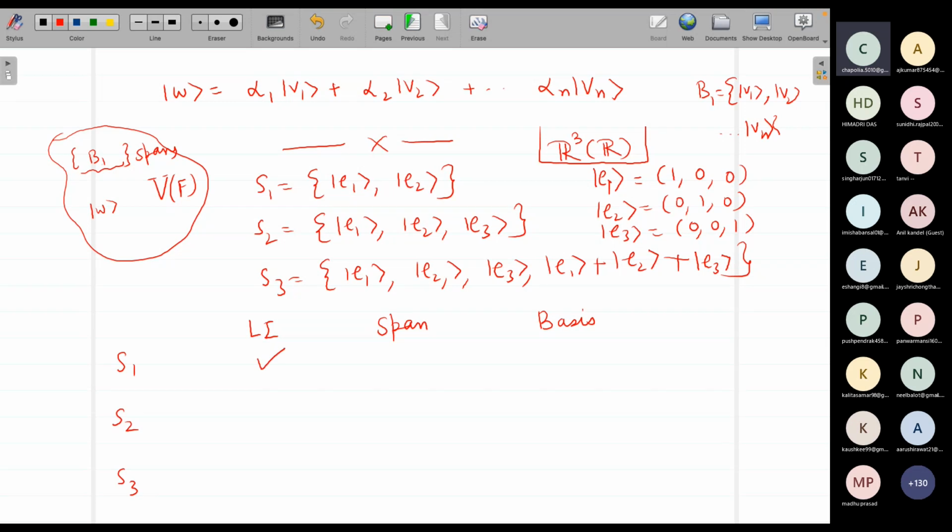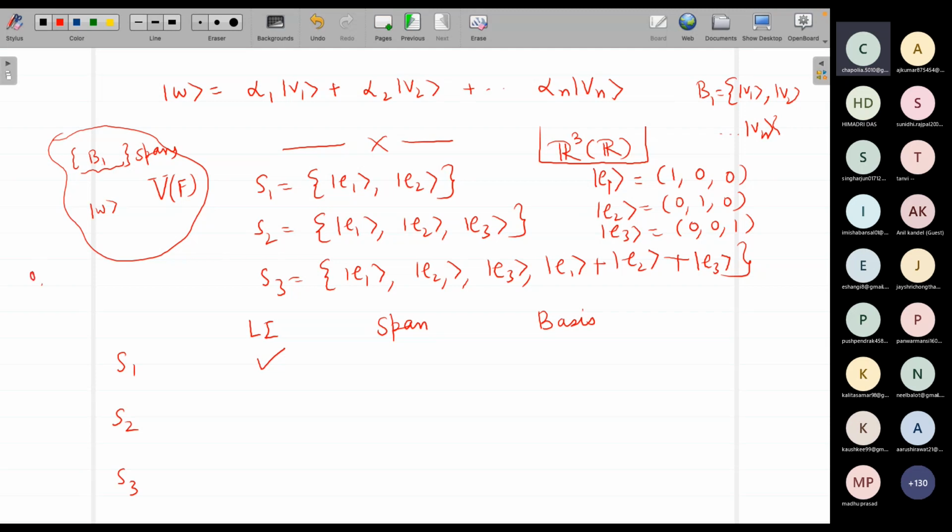Now, question: does this set generate all the vectors of R cube? No, sir. Why would you say no? Because it doesn't contain the third component; the third component will always be 0. Right.